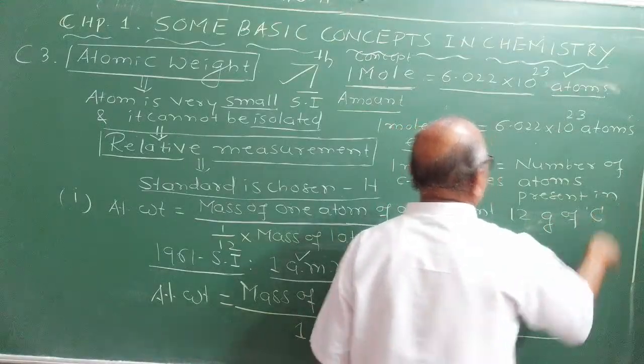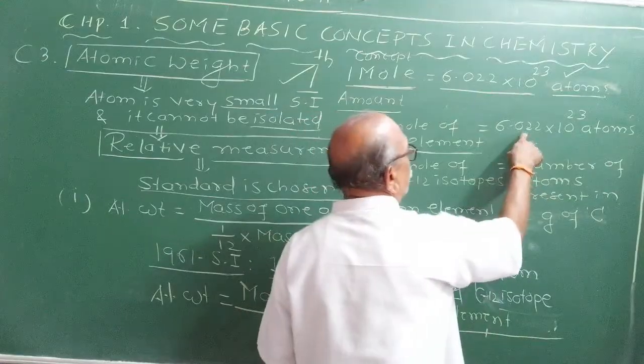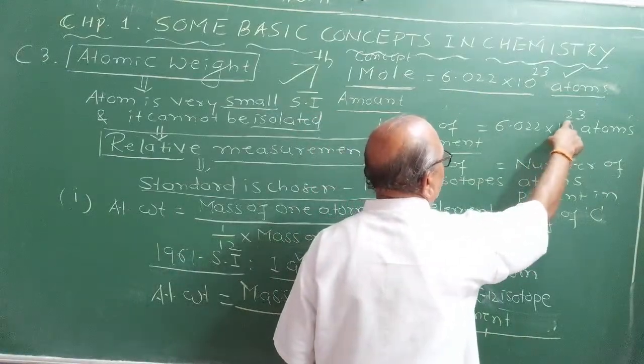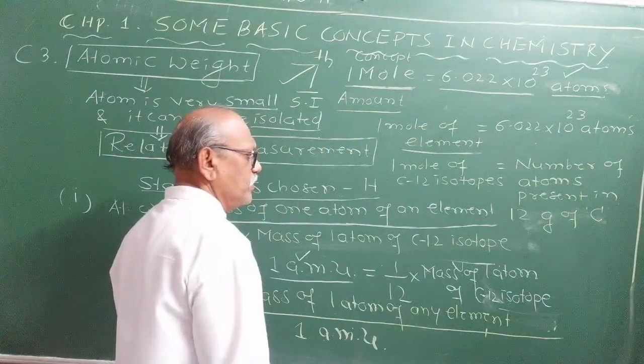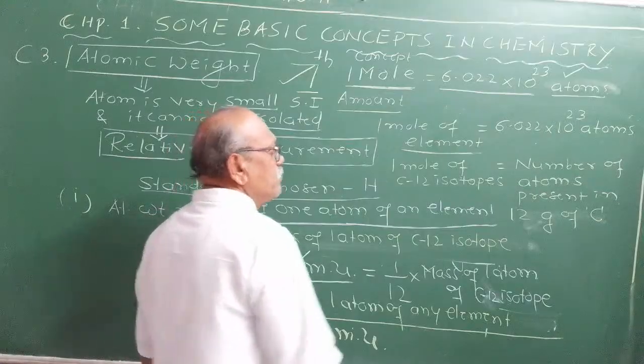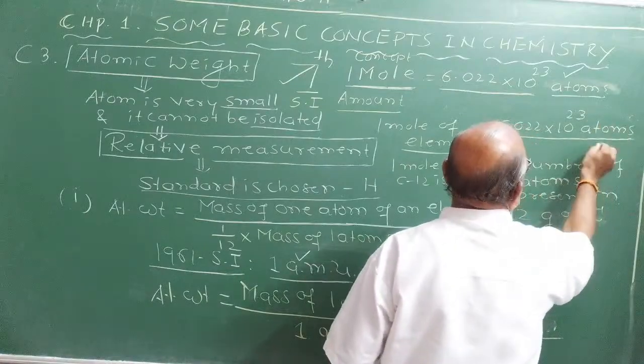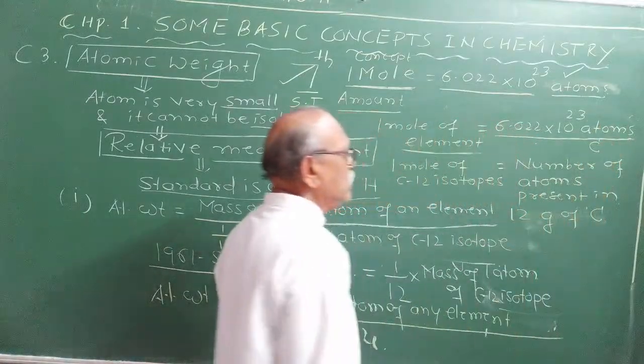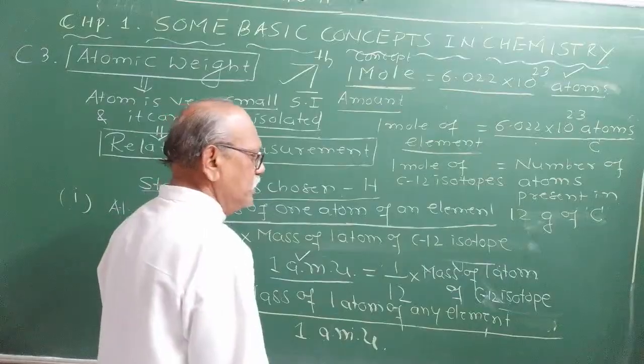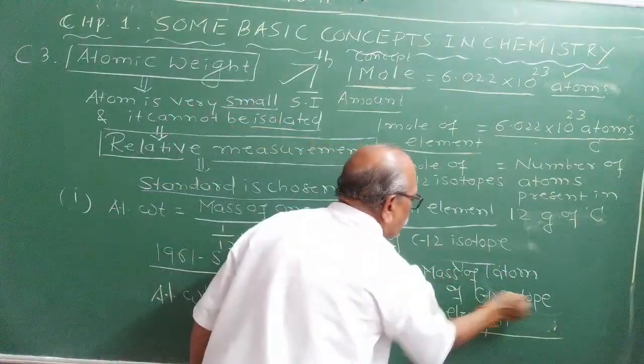If you take 12 grams of carbon, it consists of how many atoms? 6.022 into 10 raised to 23 atoms. Are you getting me? The mass of 6.022 into 10 raised to 23 atoms of carbon is equal to how many grams? 12 grams. Then what will be the mass of 1 atom of carbon-12 isotope?